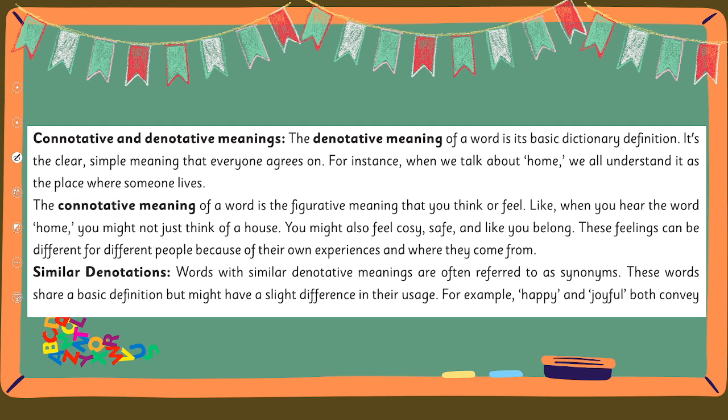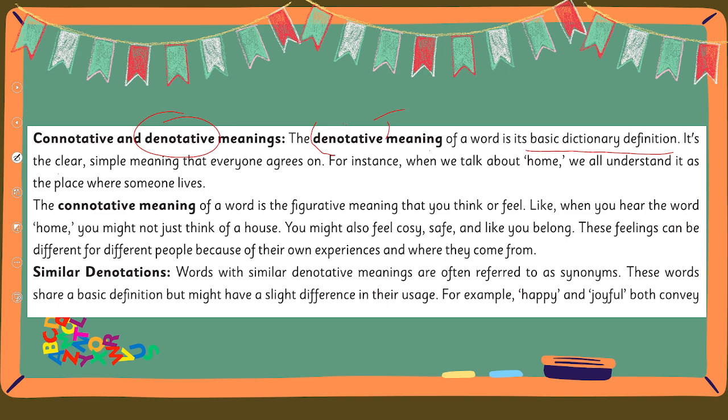Let's take up the denotative meaning of a word, and this meaning is the word's basic dictionary definition. If you look up in the dictionary and you find the word entry, you can find the basic definition, the dictionary meaning of that word. It is what we call our denotative meaning.